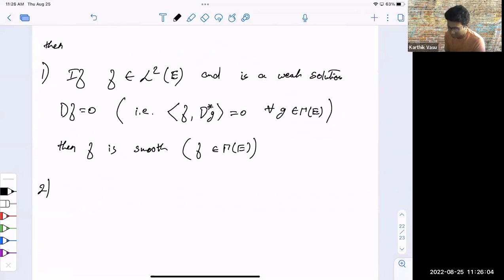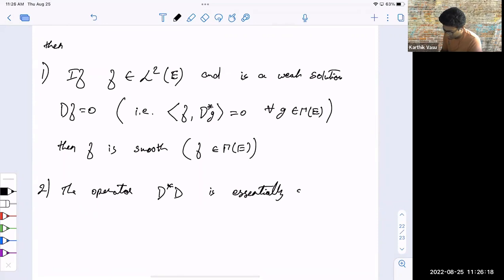The second part is the operator D*D. This is also a new differential operator, and it is essentially self-adjoint. It is an operator between Hilbert spaces, and it is an unbounded operator.